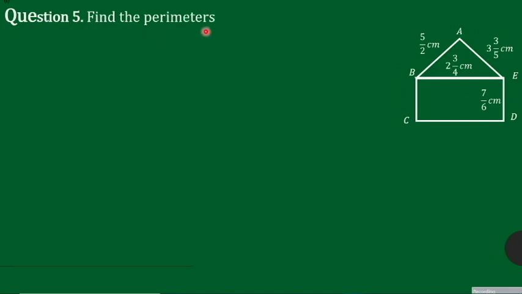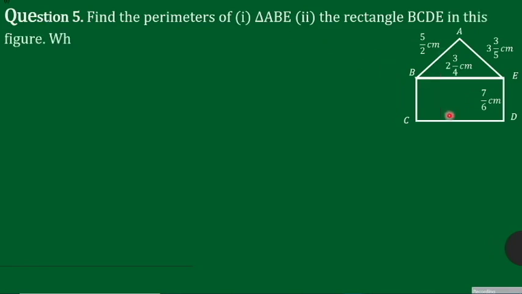Find the perimeter of triangle ABE. Second, the rectangle BCDE. And here we need to calculate whose perimeter is greater. So in this question we actually have three tasks. First we need to find the perimeter of this triangle ABE.